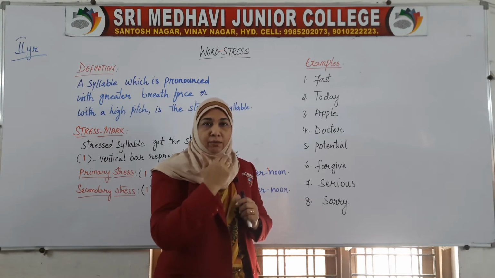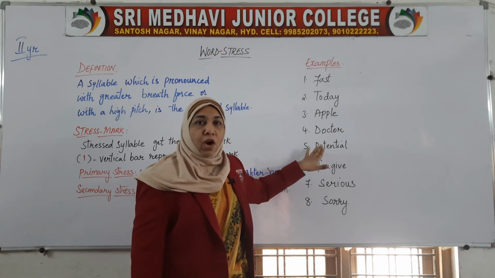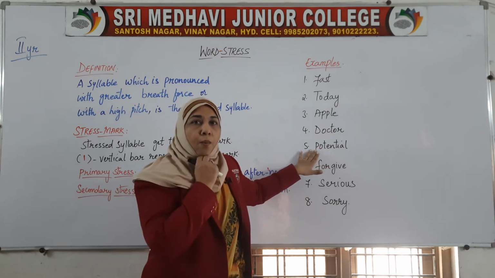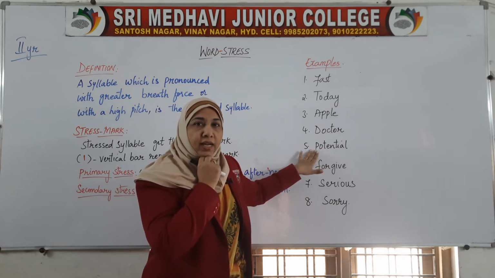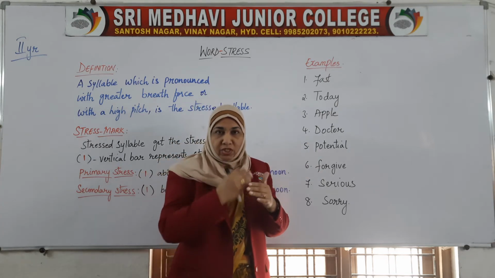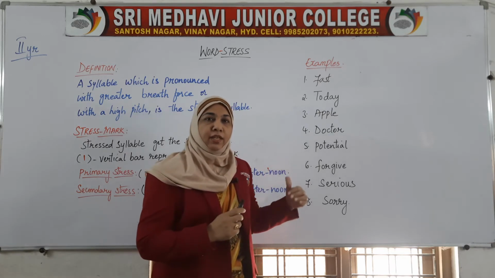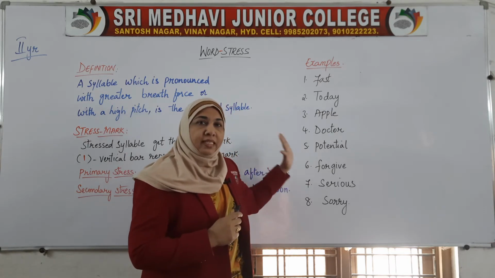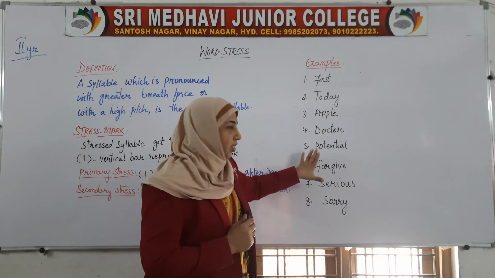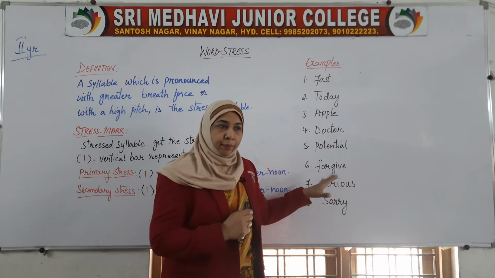That means how many times your chin is moving, you have to find out, and you can find how many syllables the word has. Potential: three syllables. How many times your chin and hand move gives you an idea of how many syllables the word has. It is trisyllabic.